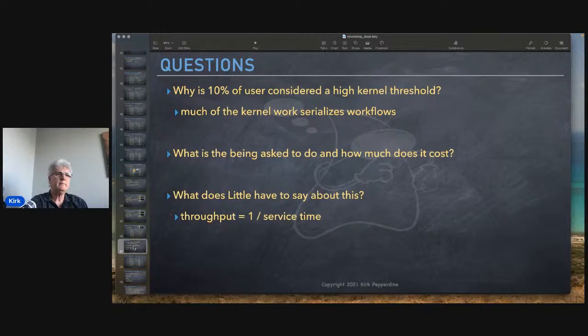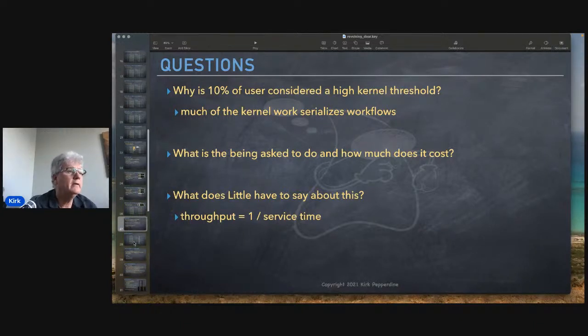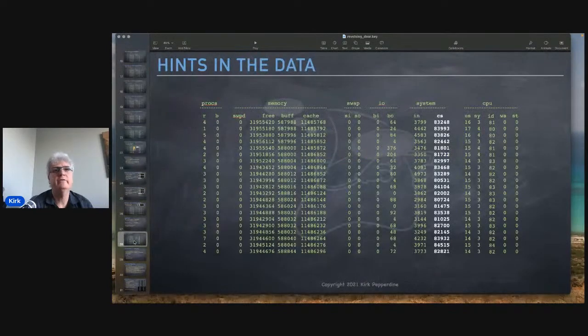So the question is, what is being asked to do and how much does it cost? That's another question that we want to try to answer in this case. And what does Little's law have to say about this? With that, we need to go back to looking at why the context switching rates went up on an unloaded server compared to where they were on a loaded server. These are interesting questions.